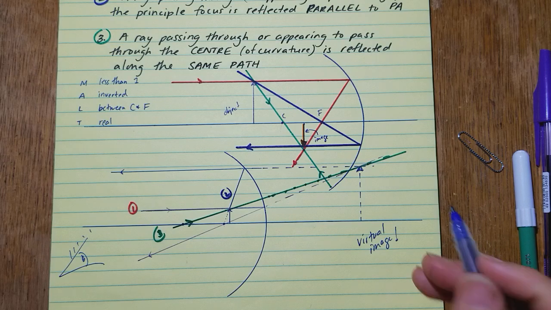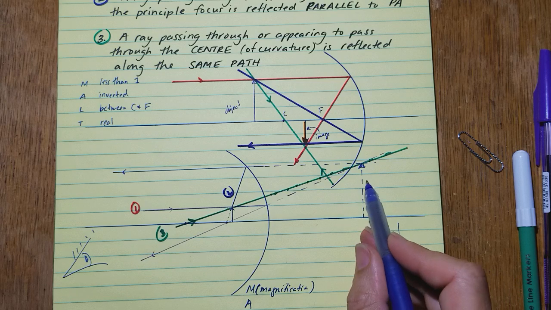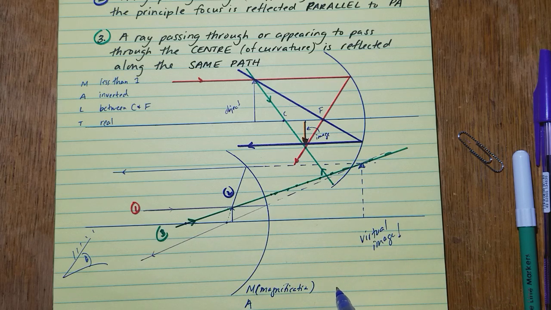So now, let's do our MALT. So this is magnification. So you can see right here, it's much bigger. So it's greater than 1. All right, attitude. Okay, it's upright.